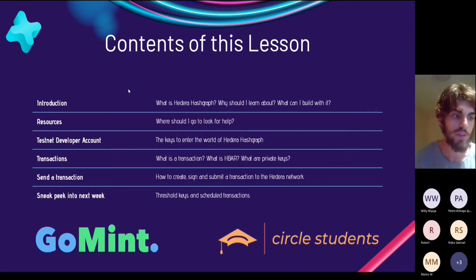Now with Hedera Hashgraph, there are two networks. You've got the main network and you've also got the test network. The main network is where real use cases should be. That's where the transactions actually cost real, tangible money, and it's paid in HBAR, which again, we'll talk about. And the testnet is the one which developers use to test out the product before making it live, because obviously you don't want to spend a lot of money.